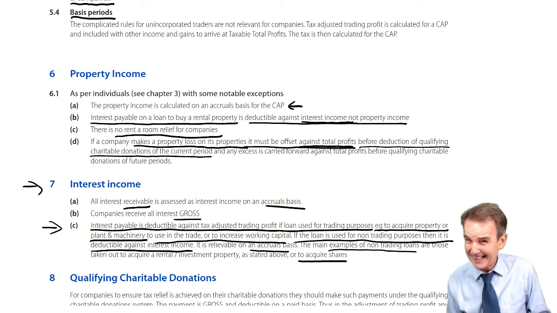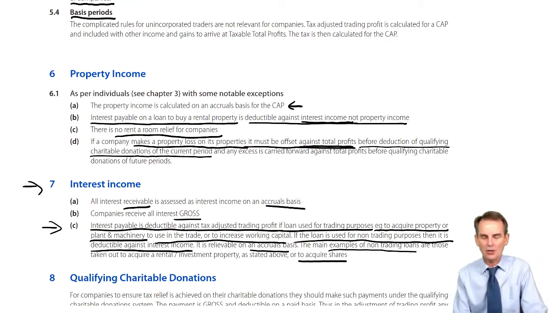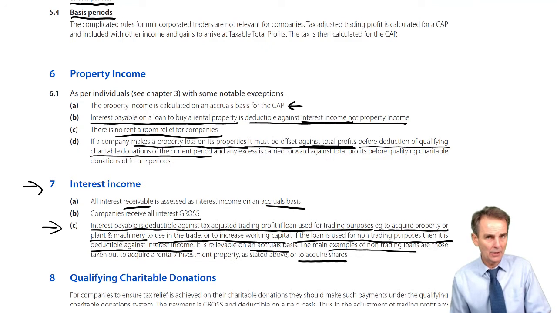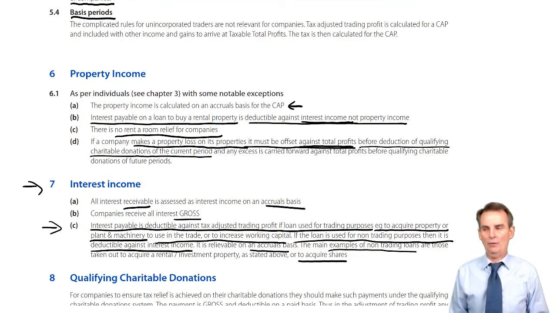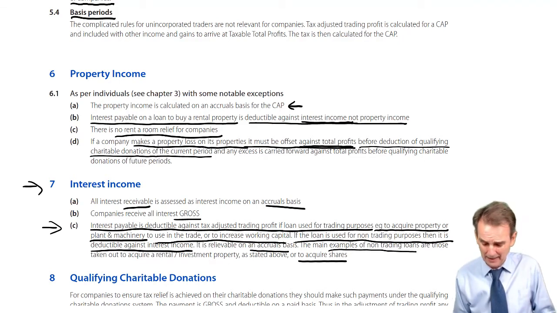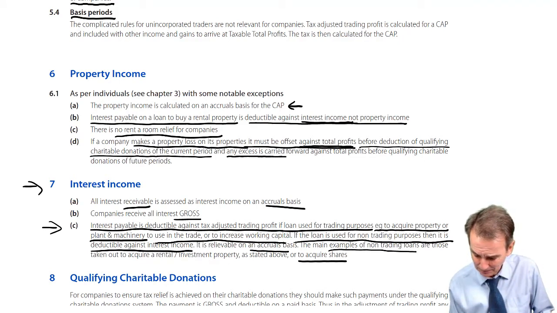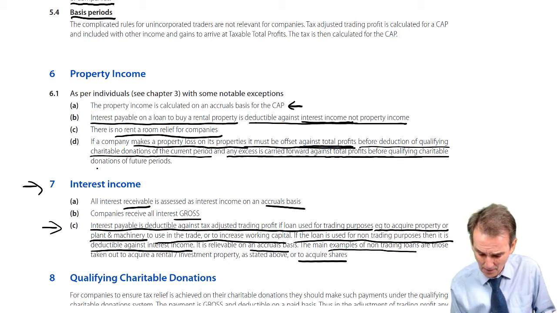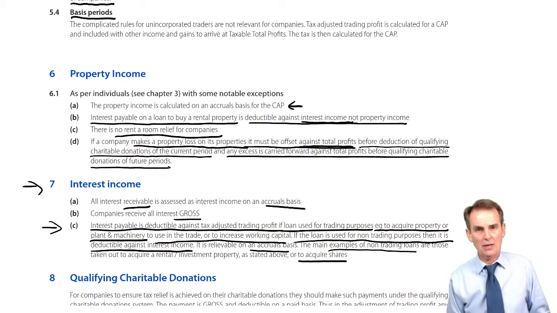Now, it's unlikely in questions that that property income loss is going to be bigger than the other total profits, so it should be absorbed against that profit. But if it were bigger, any excess loss is carried forward again against total profits before qualifying charitable donations.